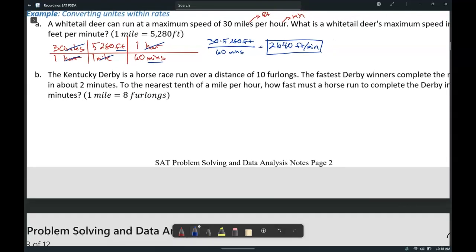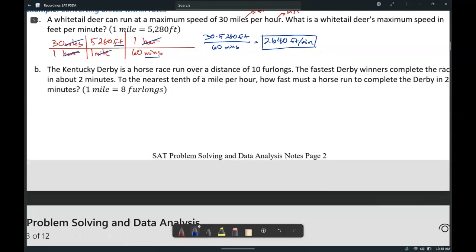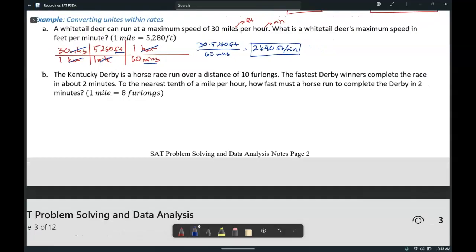So we're trying to figure out the speed if they need to go the distance of the Kentucky Derby, which is 10 furlongs, in 2 minutes. Now we need to convert to a speed in miles per hour. So we need to convert furlongs to miles and minutes to hours. So let's go ahead and work through that.